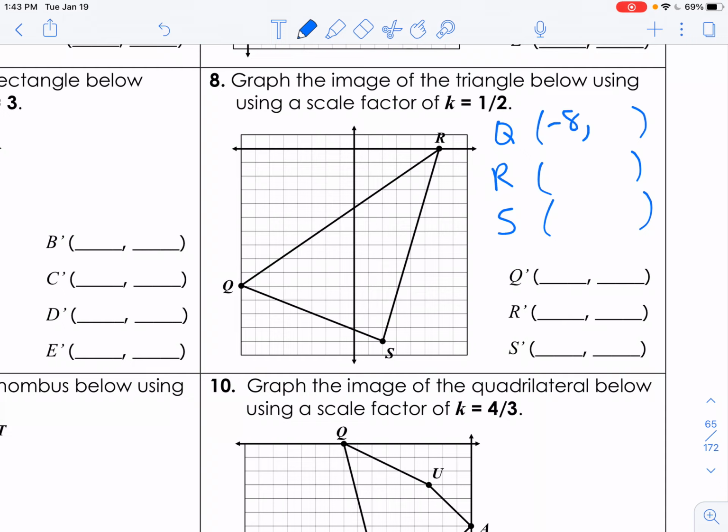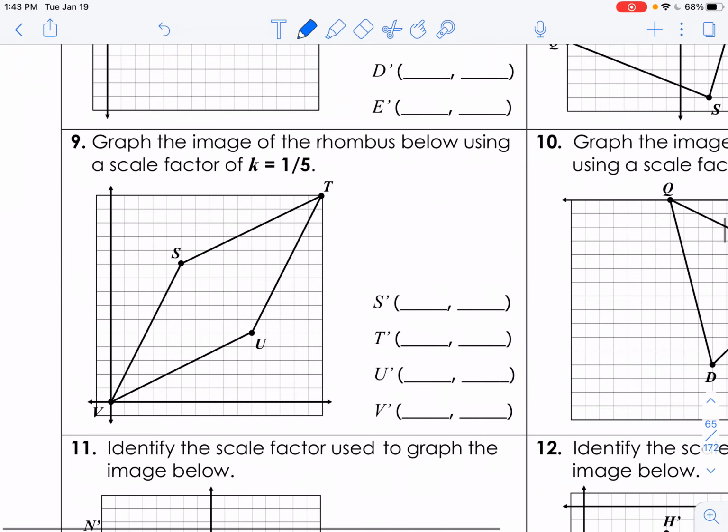And down 1, 2, 3, 4, 5, 6, 7, 8, 9, 10, -10. So I would just want to do each of my ordered pairs, write them here, then multiply each number by 1/2 to get my new ordered pairs. Okay, so it's not like you have to graph the first triangle. They already did that for you, but you do need the ordered pairs that go with it.